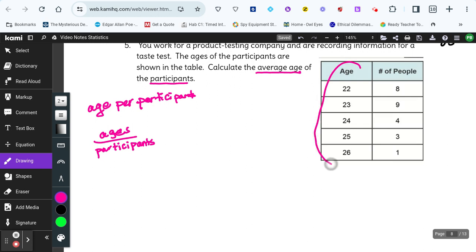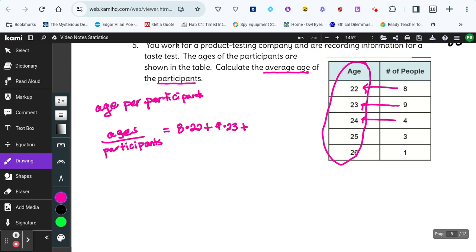So let's take a look at the ages. Well, 8 people are age 22. So let's do that. 22 is going to appear 8 times. 9 people are age 23. 4 people are age 24. 3 people are age 25.